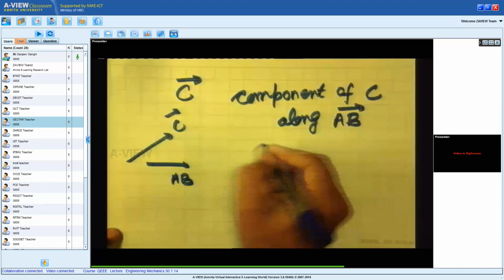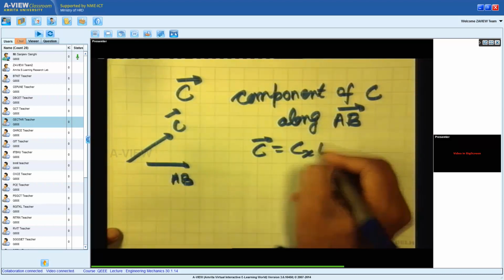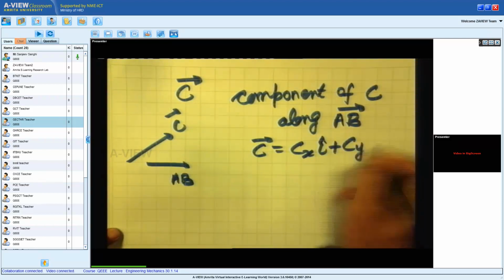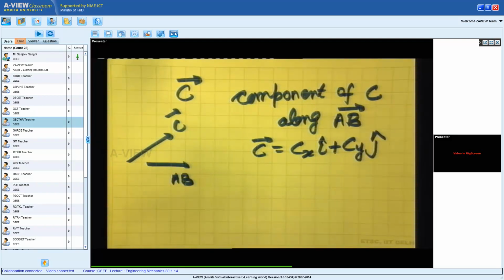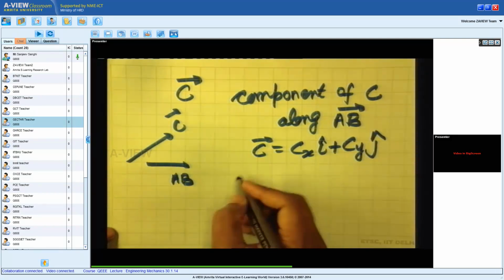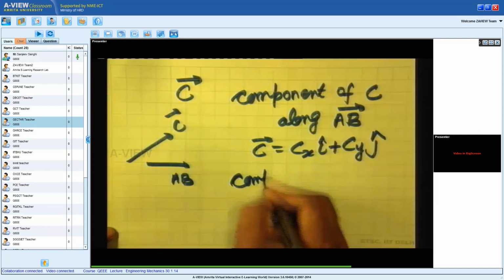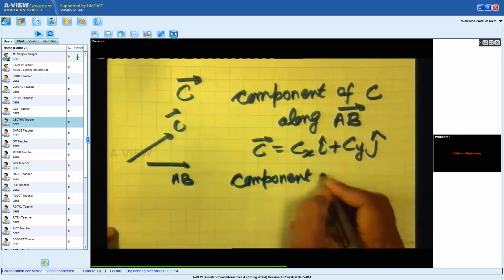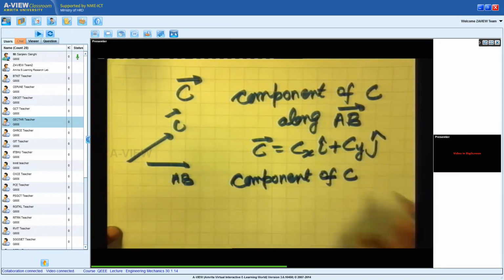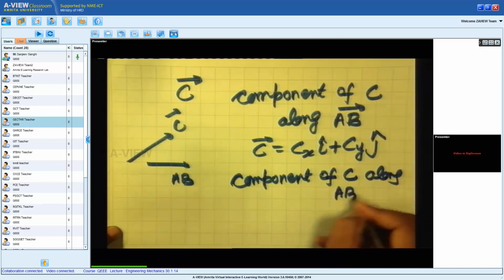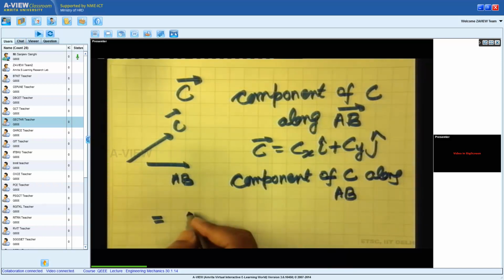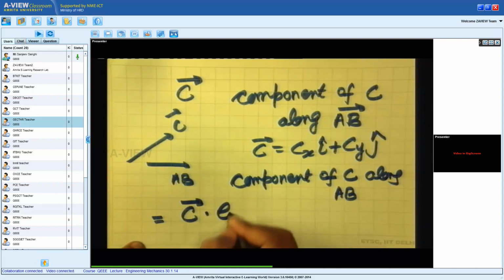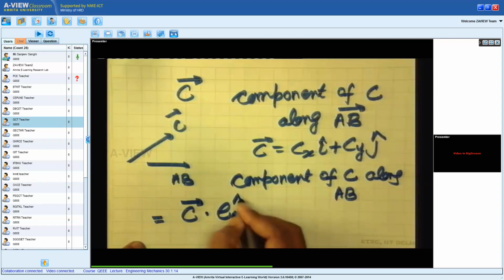Now let the vector C be Cx i plus Cy j. So now the component of C along AB, and this is where the Cartesian system comes in very handy, will be equal to the vector C dotted with a unit vector along AB.